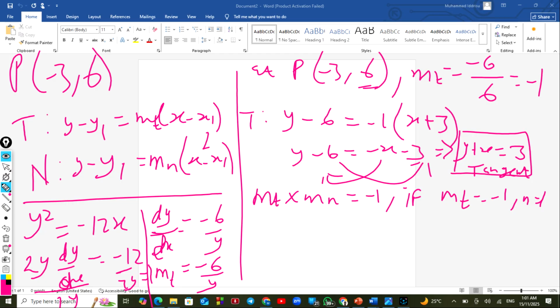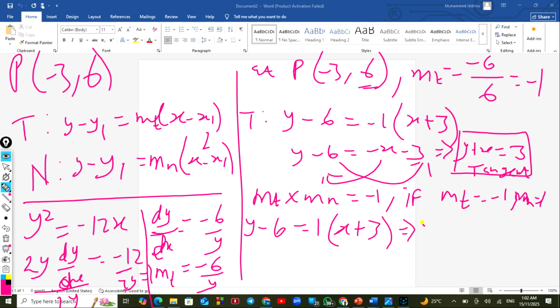So our y minus y1 is equal to mn, which is positive 1, multiplying x minus negative 3, which is plus 3.